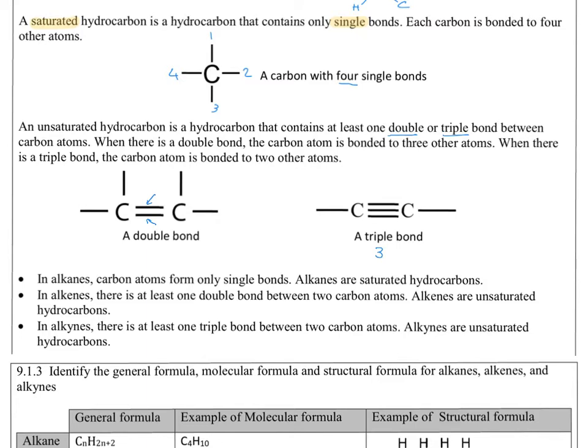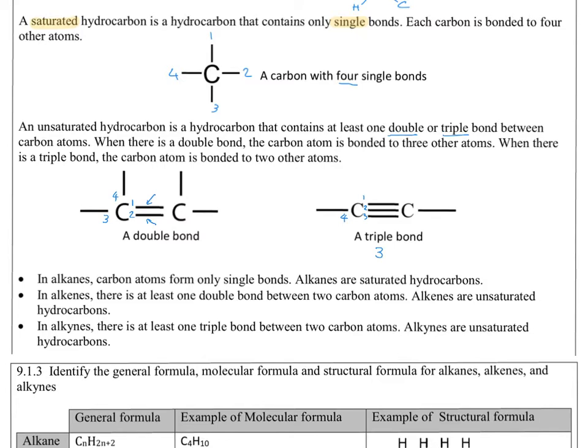Remember though, a carbon has to have 4 bonds. So we have to make sure that we're counting around the carbon. So we've got 1, 2 bonds in the double bond, but we've also got 3, 4 bonds available to bond with other atoms. A triple bond has got 1, 2, 3 bonds to another carbon atom and has still got a 4th bond free to bond with something else.